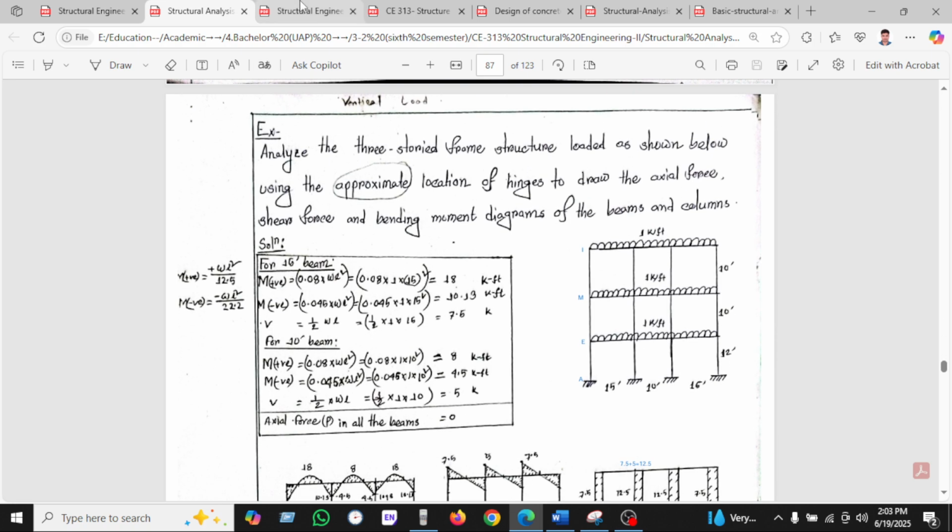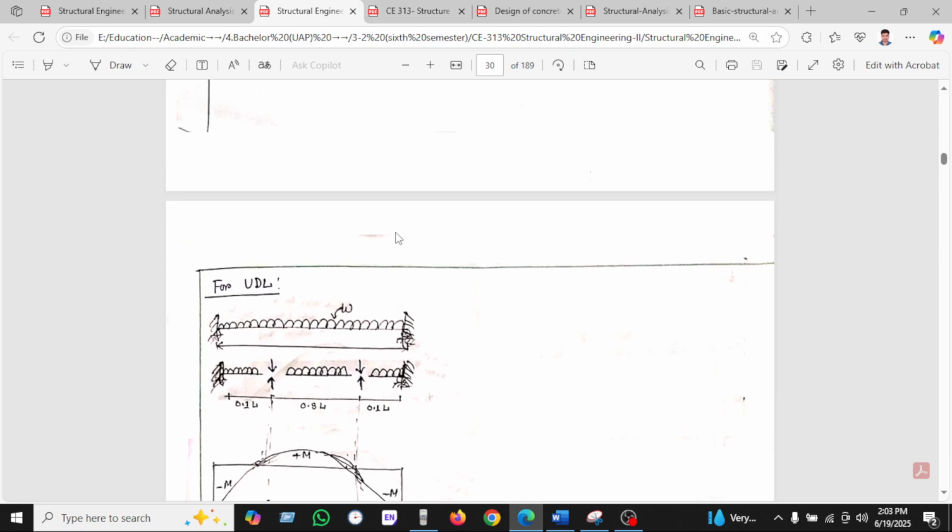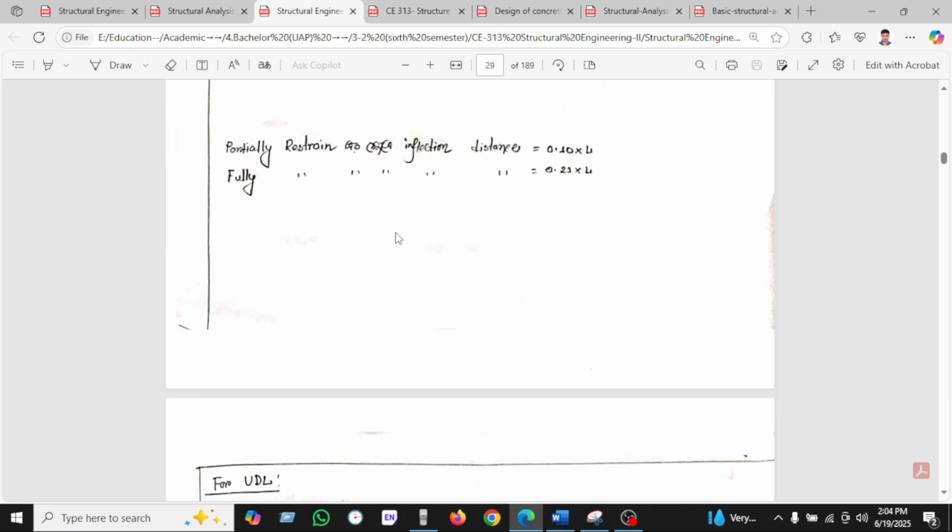Okay, before going to the example, if the UDL occurs here, we can see it is divided into 0.1 L and 0.1 L, and this is 0.8 L, then the diagram will be like this.